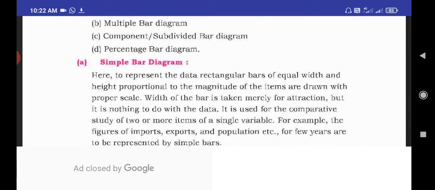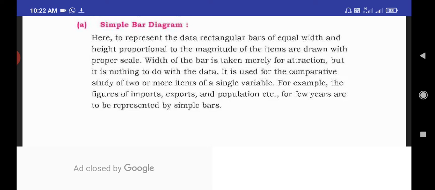First we should discuss the first concept, simple bar diagram. Simple bar diagram means that to represent the data, rectangular bars of equal width and height proportional to the magnitude of items are drawn with proper scale. So when we are drawing a diagram, we give importance to equal width and length.